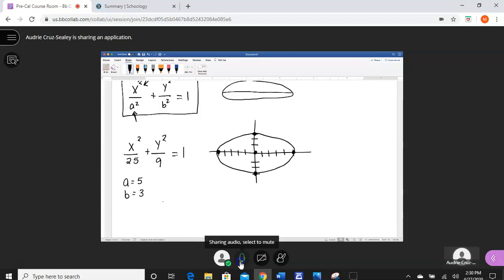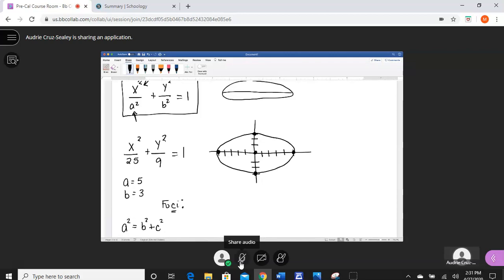Okay, so the foci, just because we're running out of time, how you find that is you need C. Remember, foci, the letter is C that deals with foci. If you look at the top of page 125, it tells you a relationship. A squared is equal to B squared plus C squared.